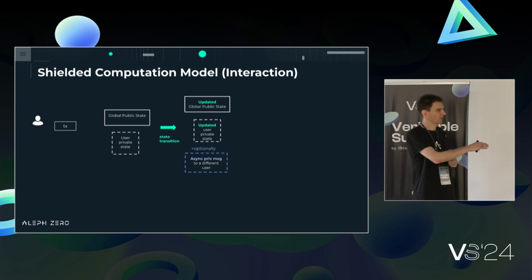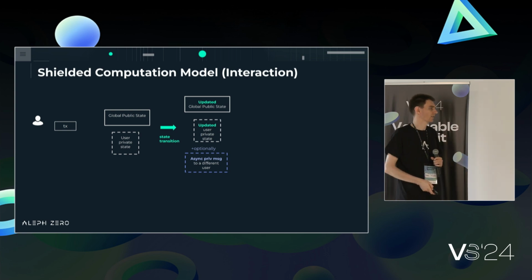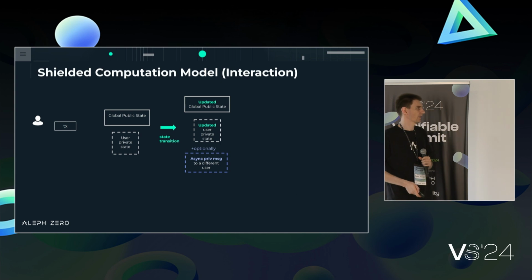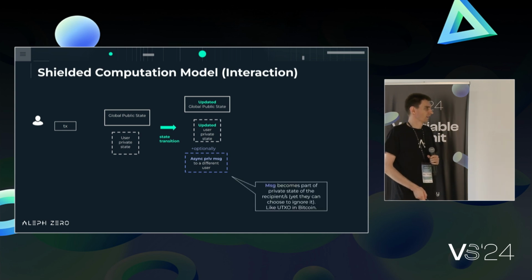If there is this additional ability to send some kind of private messages to other users, then you can also do transfers which are fully private. So this is a little bit subtle.